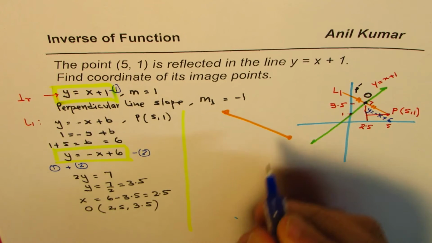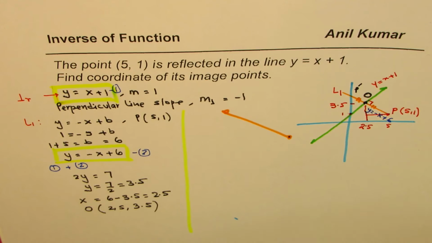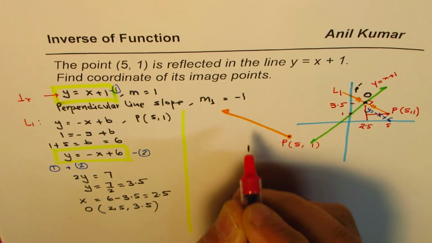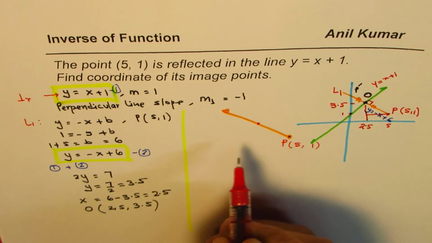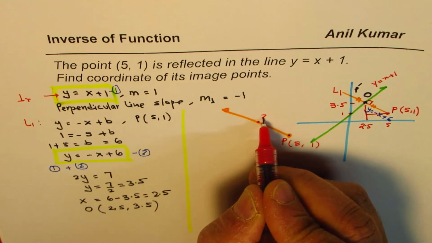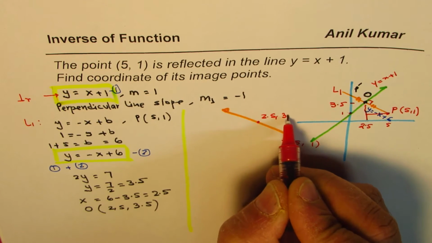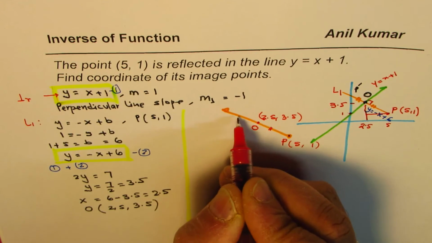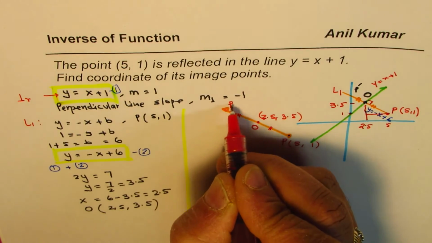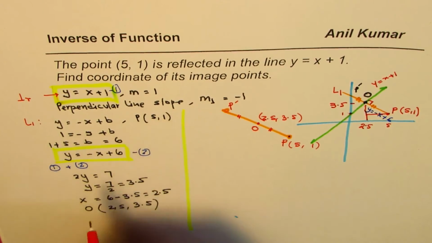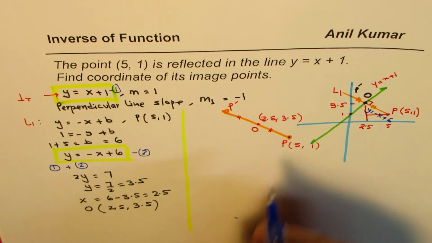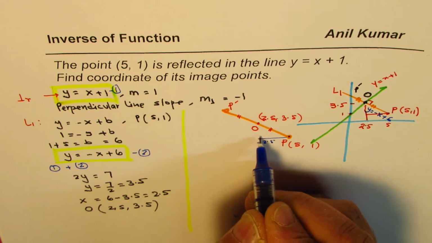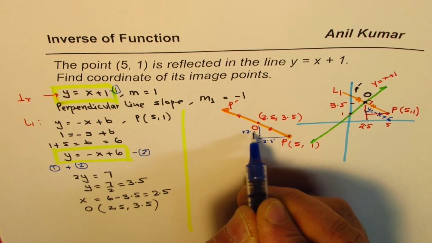So what we have found here is that this point P is 5, 1, and somewhere in the middle we have a point which is 2.5, 3.5. Is it okay? And that we are calling O. And the same distance away is our point, which is the image of this point. What is that? So you can see from logic, from here we've moved minus 2.5 and up plus 2.5, right?